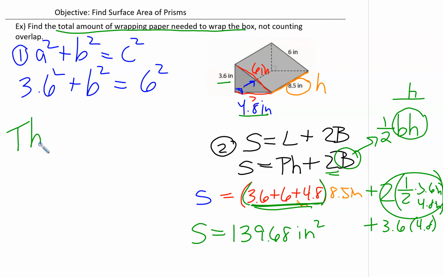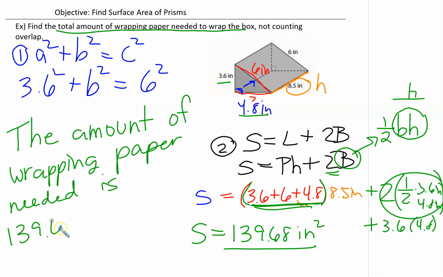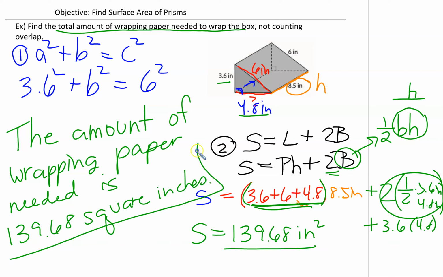So the amount of wrapping paper needed is, remember there was no rounding in this problem, so this is an exact amount according to the calculations we were using. So is 139.68 square inches. And here I'm spelling out the square inches. If you wanted to use the power notation, that would be fine also.